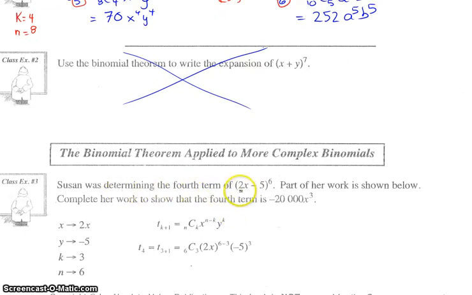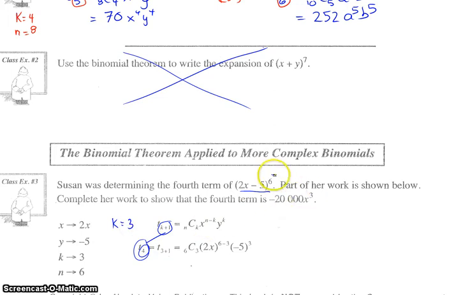Susan was determining the fourth term of 2x minus 5 to the 6. Okay, so they've got the formula here, just like we would write down. We want the fourth term, so if you compare that, that would mean that k would have to equal 3.